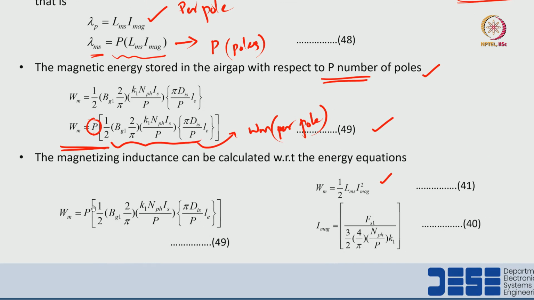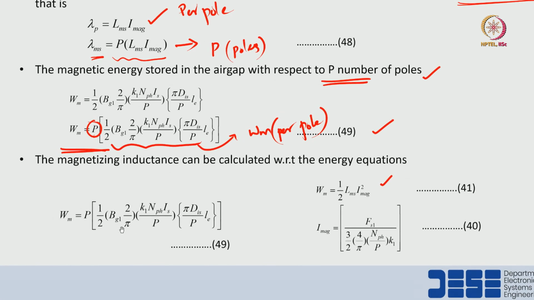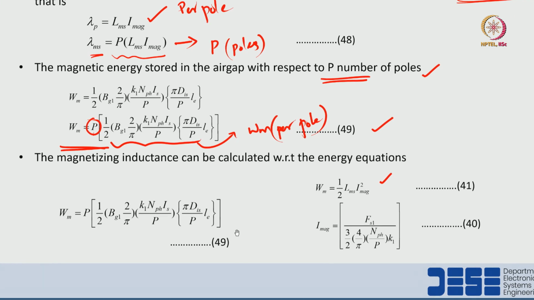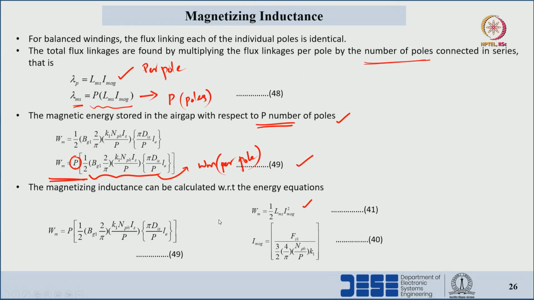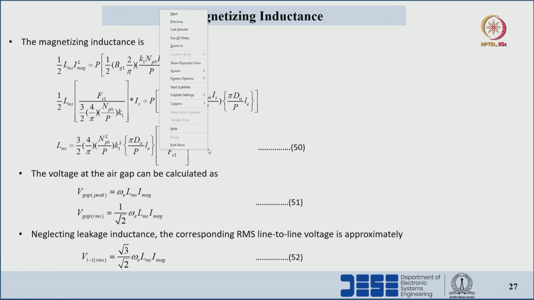So, this is the equation for the field energy stored at the air gap in terms of number of turns per phase, Bg1 and 2 by pi. Equation number 49 I am explaining, and then from equation number 41, half L i square, we can see that based upon these two equations we can calculate the magnetizing current per phase.